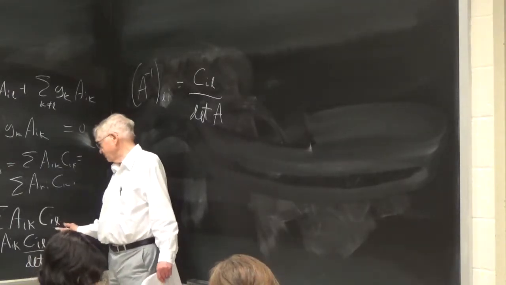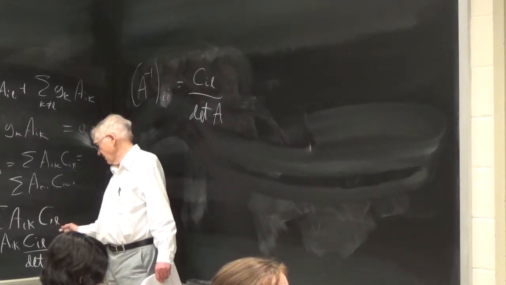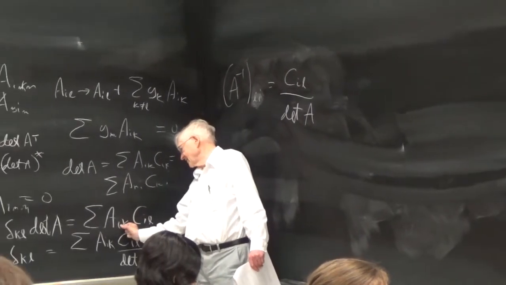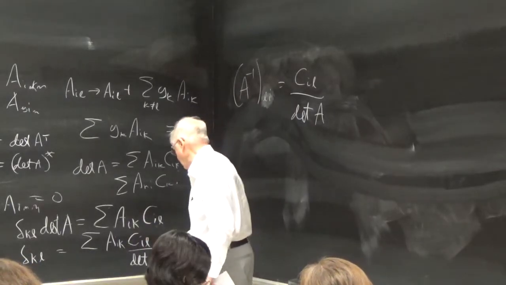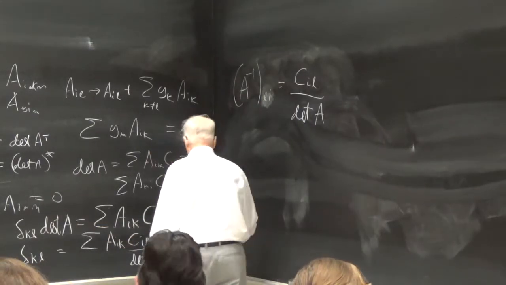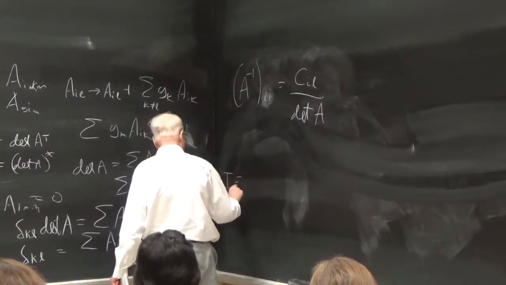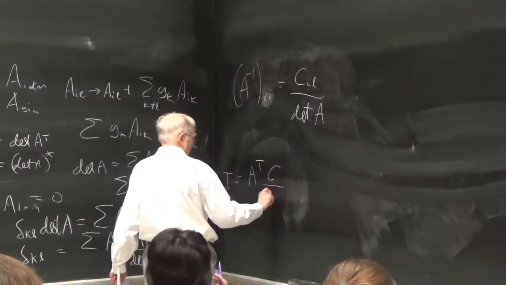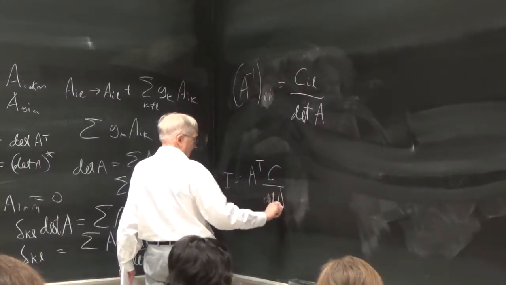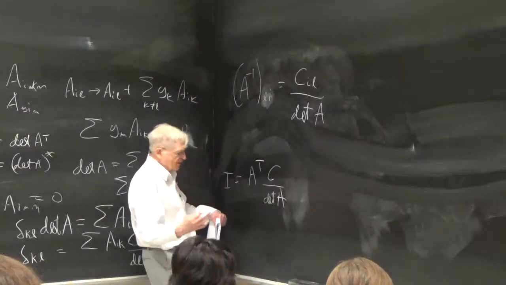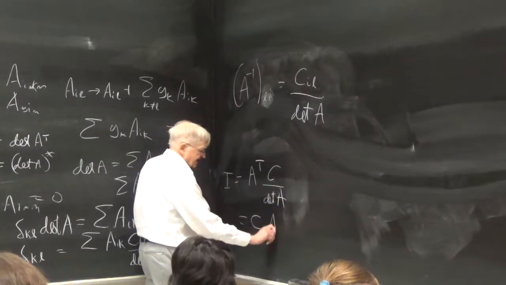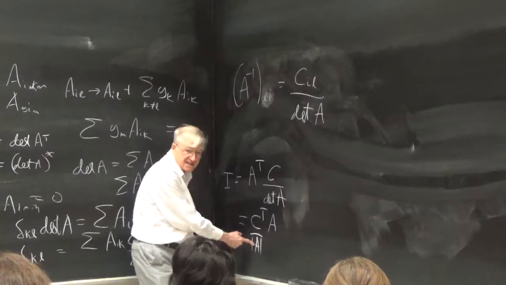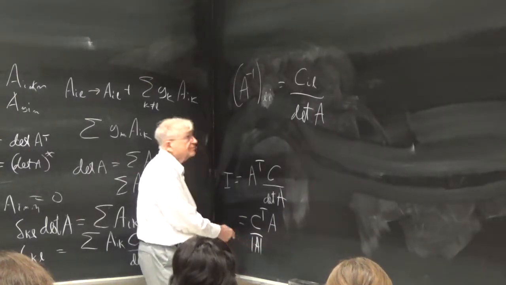Because what this thing is saying here is, if we write this in matrix notation, I is equal to A transpose C over determinant of A. And so if we take the transpose of both sides, what we get is C transpose A over determinant, that's another form for the determinant.